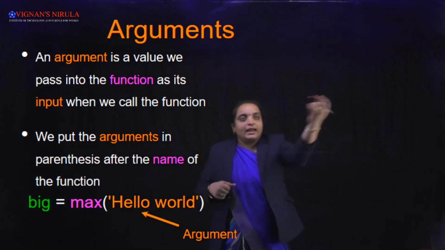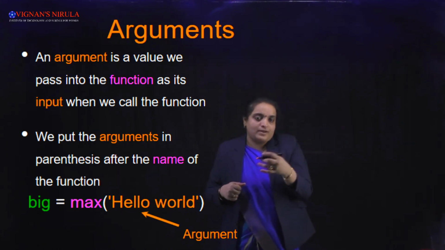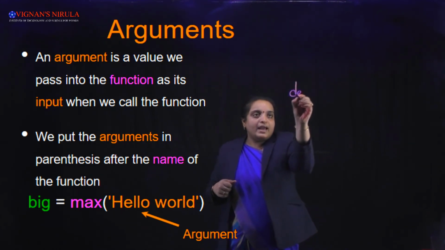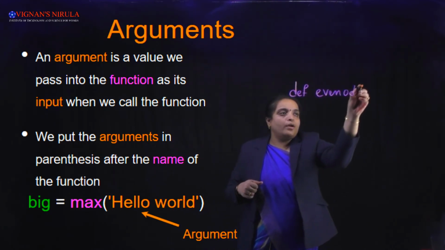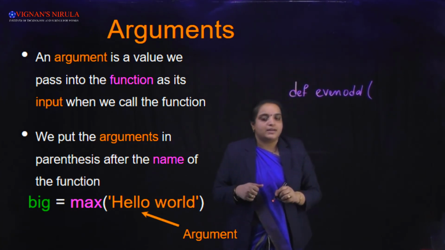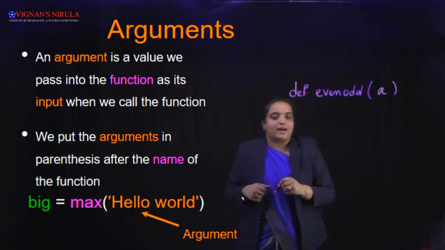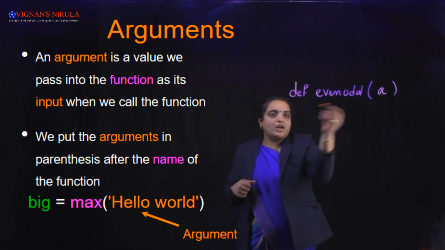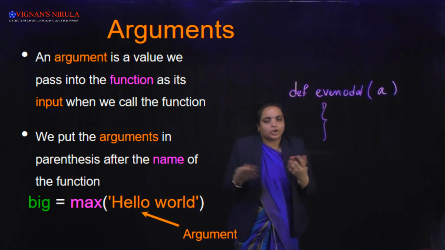So let us take an example that we have created earlier, our even odd function. So def even odd with a parameter that we have taken, a single parameter. Here you are checking the value. This is the body of the function.